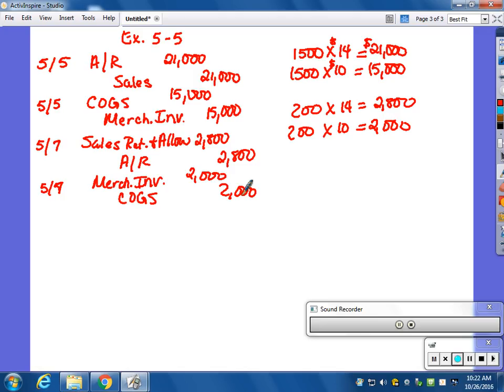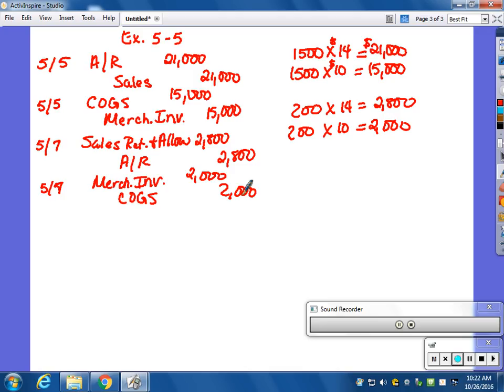On May 8th, the customer discovers that 300 of the units are damaged but are still of some use, and therefore they keep those units. Now, us as the company, we give them a credit for $600 to account for the damaged goods that they have. So basically, we didn't get the items back, so there's no need for us to put them in our inventory. The customer is going to keep them, but we're going to extend to them a credit for $600 for just keeping the inventory.